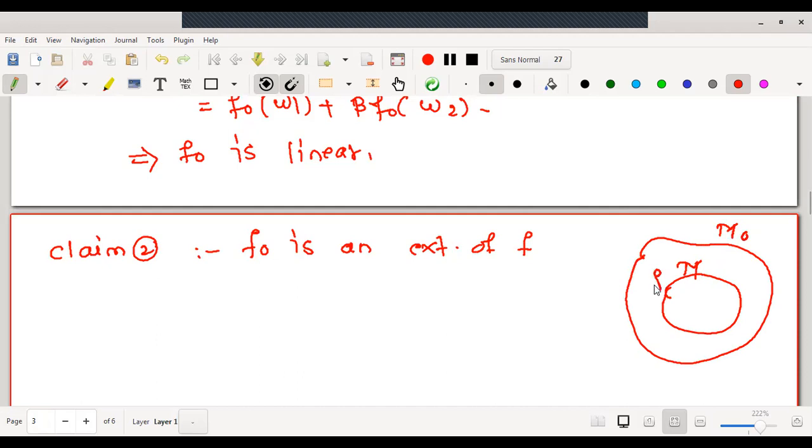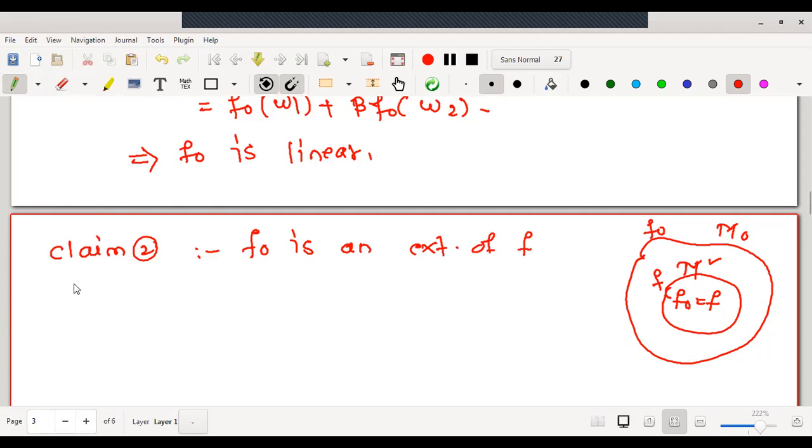A functional f defined on m and a functional f naught is defined on m naught. Therefore, f naught is an extension of f if f naught and f are same or equal for the elements of m. Therefore, what we want to verify? F naught is equal to f on the base set m.